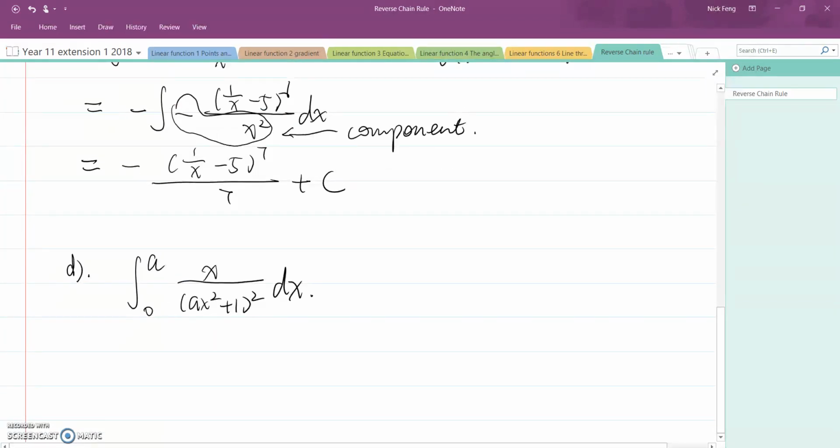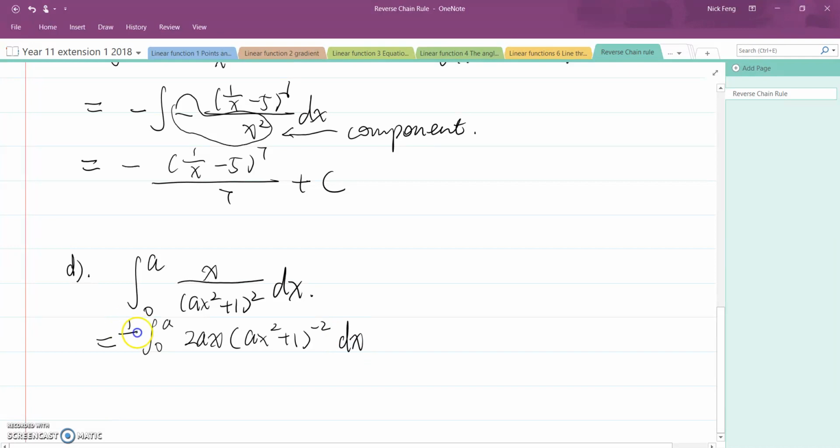Now in this case, you need to treat the bottom function (ax squared plus 1) to the power of negative 2. And the derivative of this part is 2ax. Well, obviously we don't have that as our component, so therefore we need to make it 2ax (ax squared plus 1) to the power of negative 2 dx.